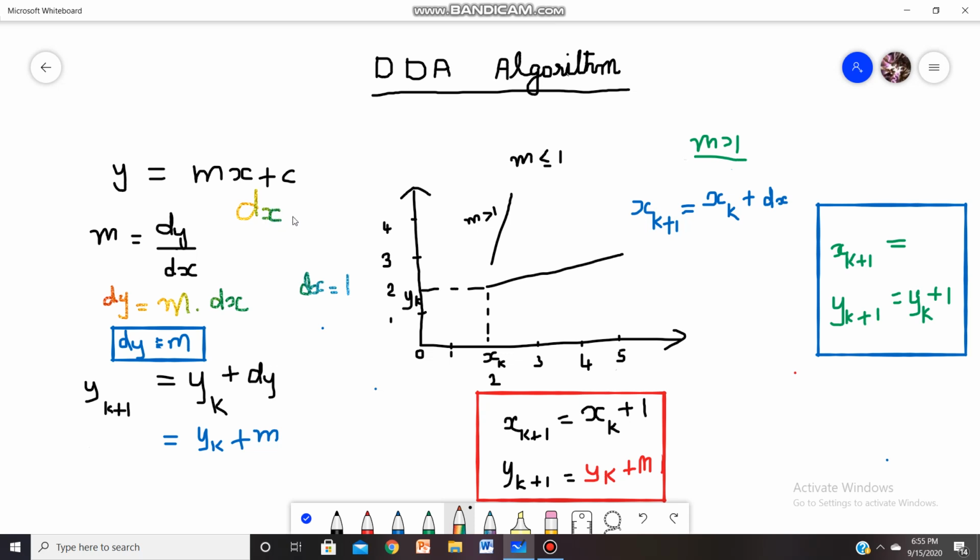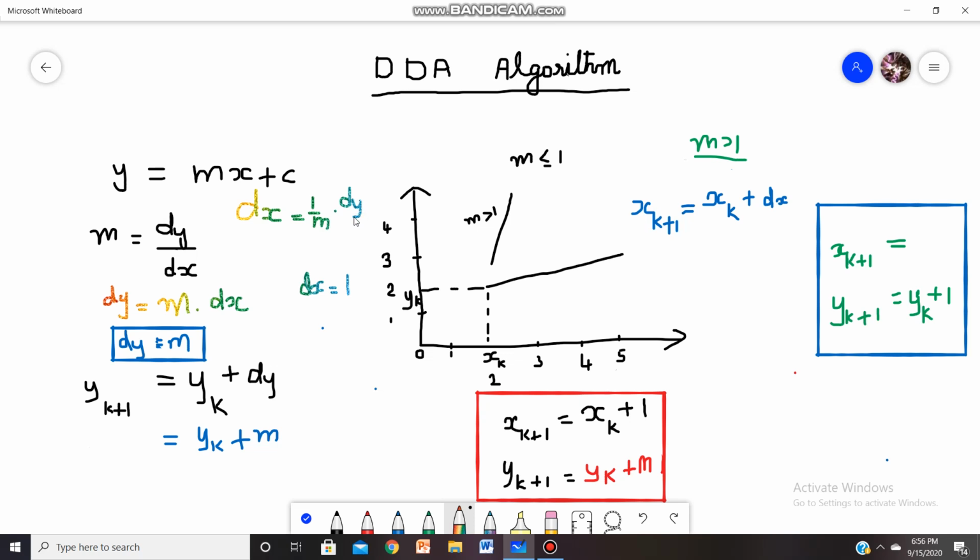Just cross multiplying, dx is equal to dy by m. I will write it in a fancy way as 1 by m into dy.